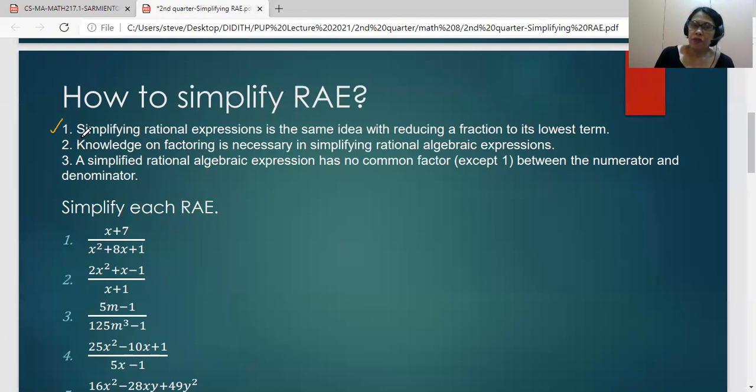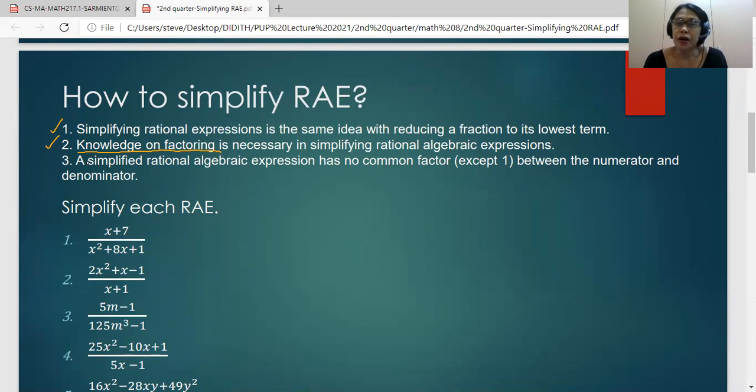Now, in simplifying rational algebraic expressions, it's necessary that we have knowledge of factoring. That's the reason why we work first on factoring polynomials, in preparation for our next lesson, simplifying rational algebraic expressions.